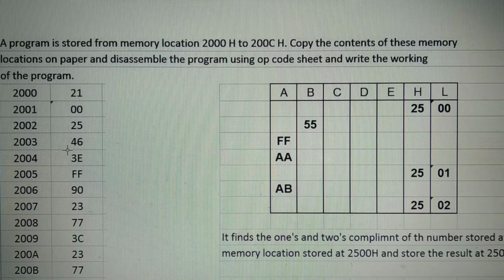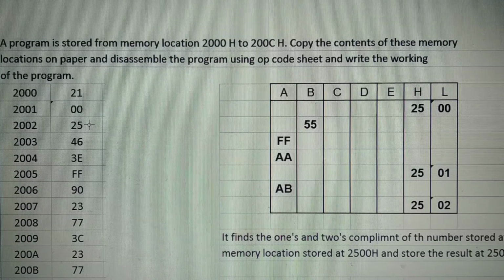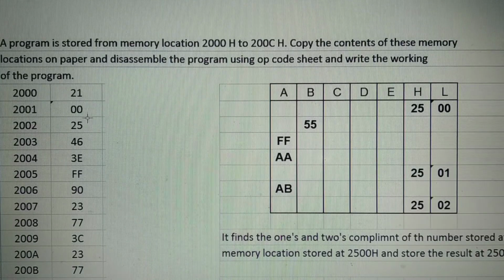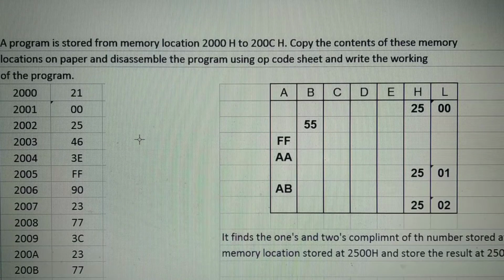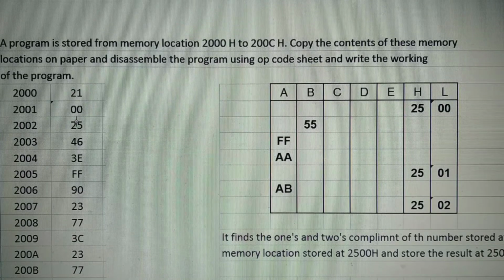If it is of 2 bytes, the next operation code will be at 2002. And if it is of 1 byte, the next operation code will be at 2001. That means from the instruction you have to decide at what memory location the next instruction is, and from that write down the program. After writing the program, you also have to write down its purpose.